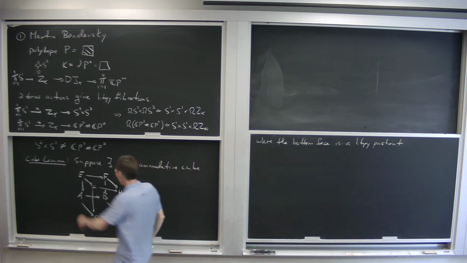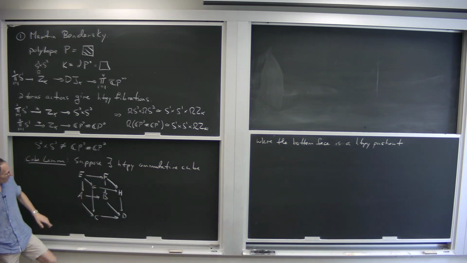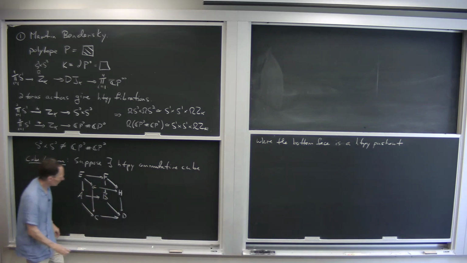And normally you would say, suppose the four sides are homotopy pullbacks, but I want to add a little bit more.